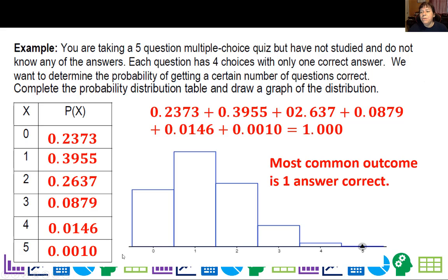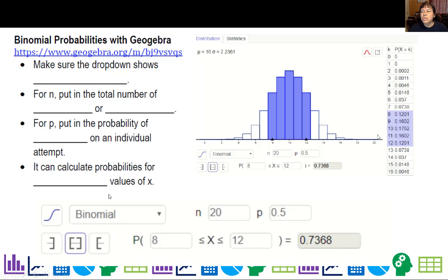Wow. Well, okay. So how about GeoGebra? Well, here's the tool. So we want to make sure the drop down shows binomial. So this here is a magnification of that because I know that's a little small. So yes, there is a Staplet tool, but believe it or not, I like the GeoGebra tool better, and you'll see why. All right.